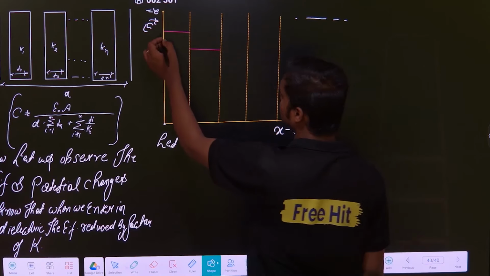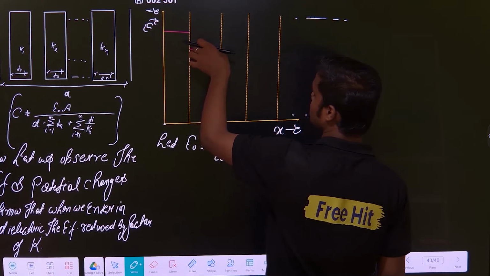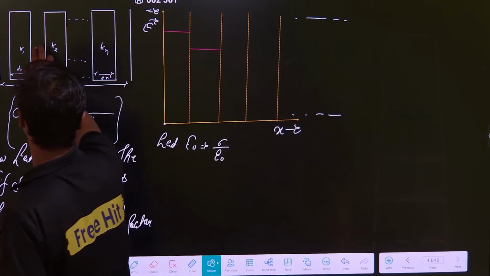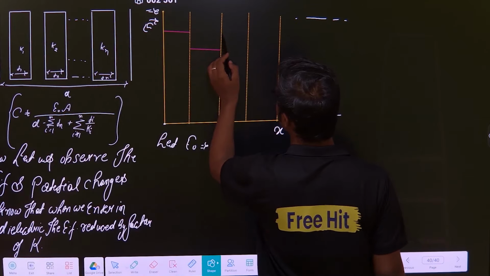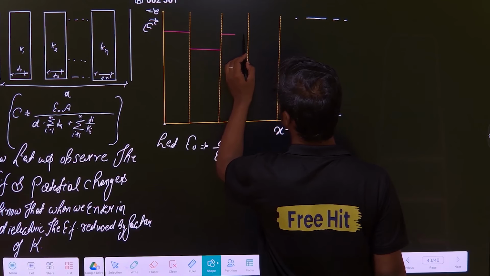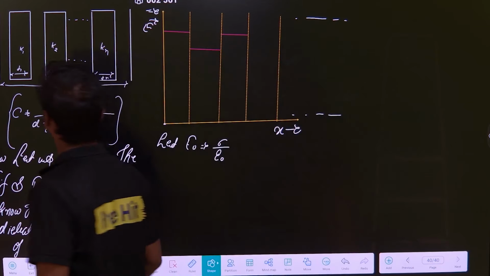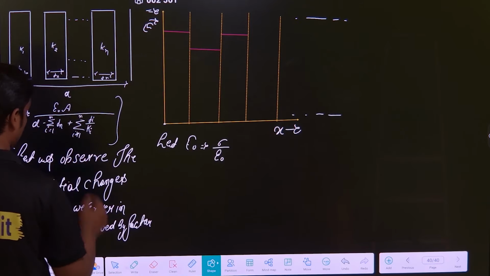Here my electric field is E naught, and here it becomes E naught by K, correct? Now when we come again into air only, my electric field becomes the same as the initial value. Now if I come into this space, again it is going to be reduced, but how much?